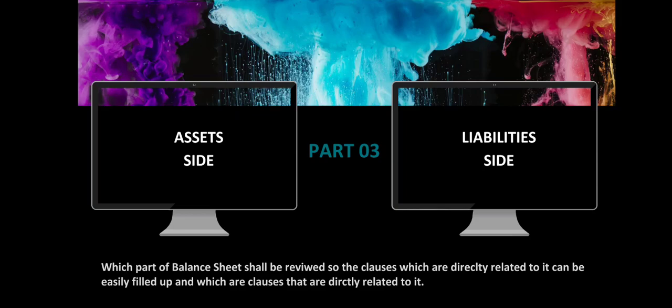Now in both of these parts, we'll see which clauses are directly related to each of these four sides, because to make the audit easy, we should always bifurcate our financial statement into four parts: income, assets, liabilities and expenses.